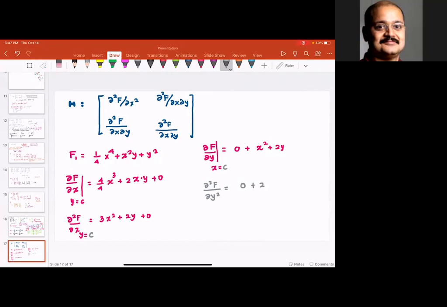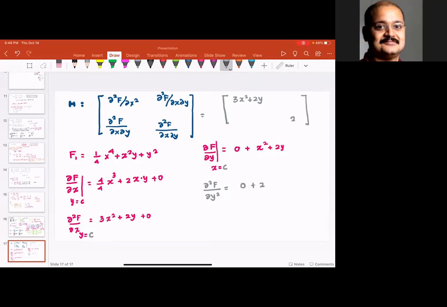So now what you can do is plug in these values in your Hessian matrix. So this is 3x^2 plus 2y. Then this is x^2. And then this one is basically 2.